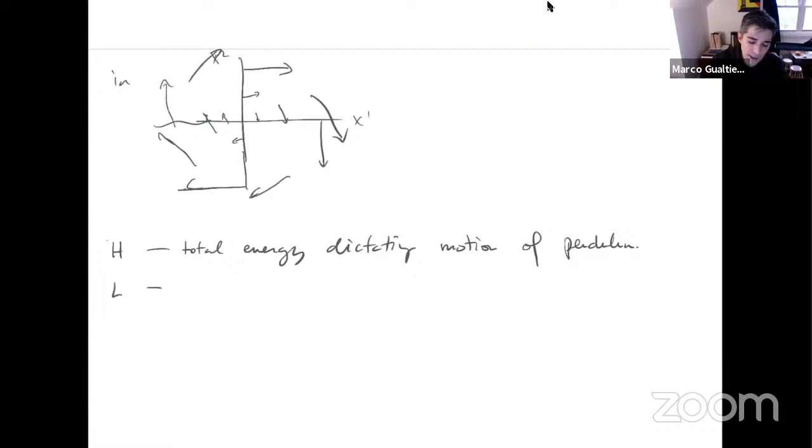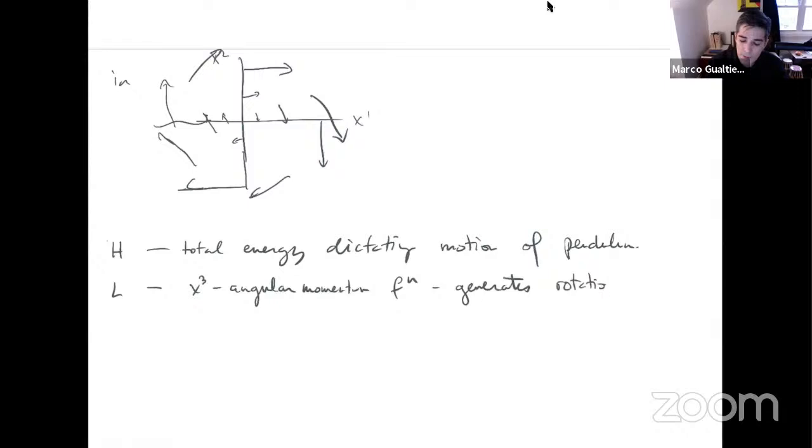And we have L, the function which generates rotations about the x3 axis. This function has a name. It's called the x3 angular momentum function.